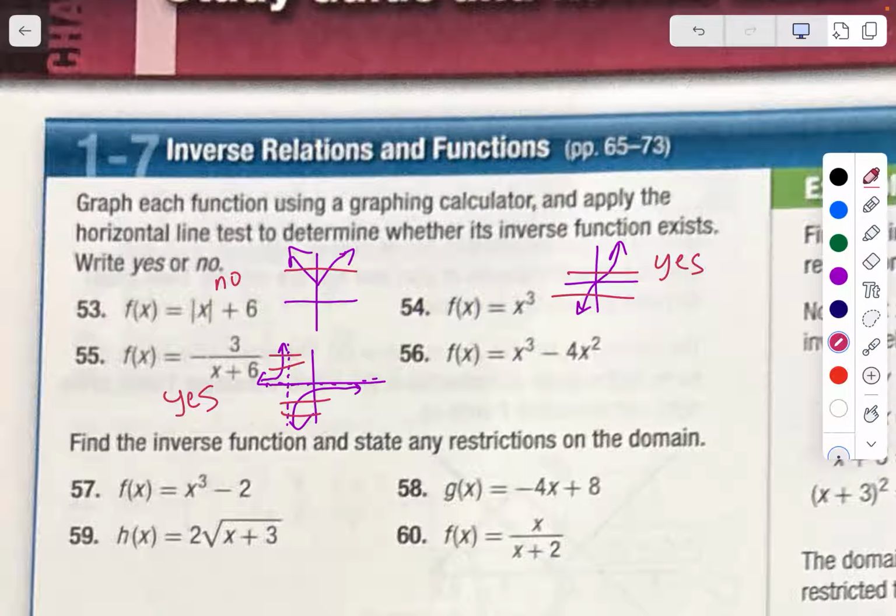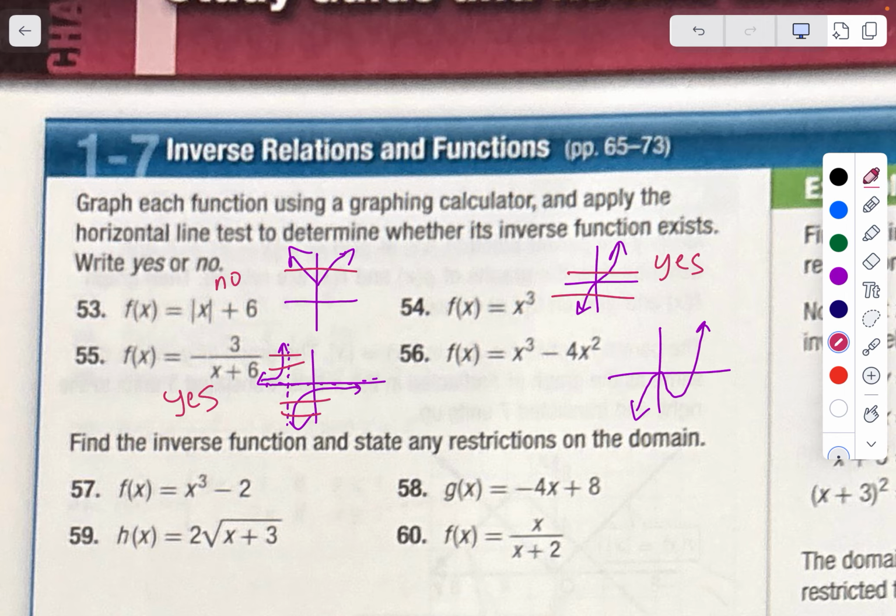56. If you were to graph it in Desmos, although it's a cube, if you were to look at the graph, there are some bumps in it. This, again, is a very rough estimate. It looks something like that.